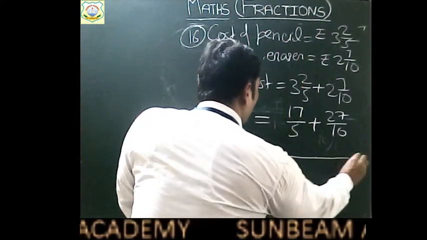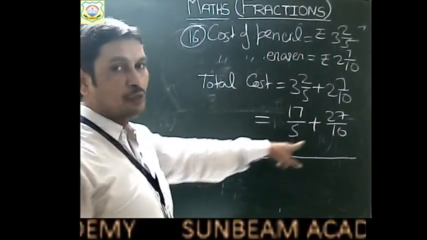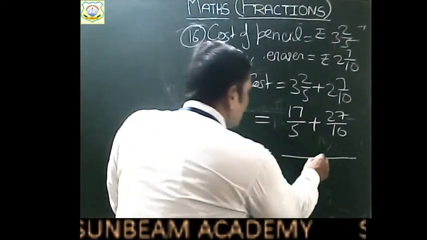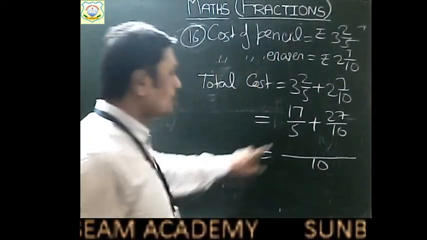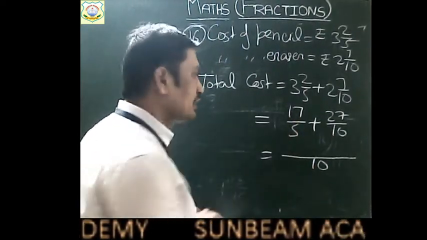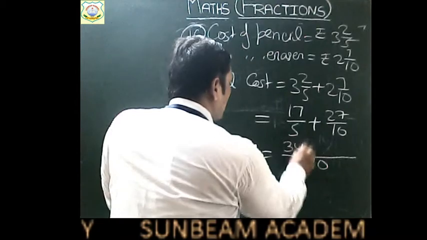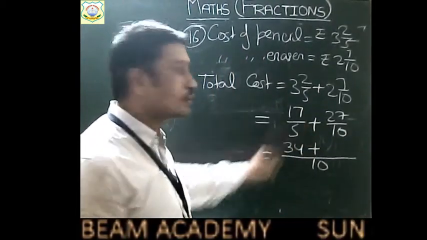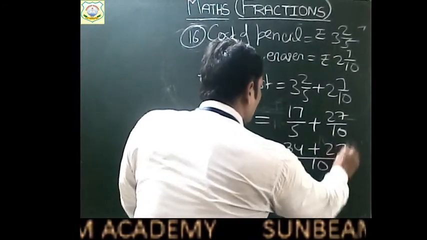Now children, find the LCM of 5 and 10. LCM of 5 and 10 is 10, right? So LCM will be 10. Now 5 twos are 10, 2 will come. 2 into 17 will give 34, plus 10 ones are 10, and 1 into 27 will give 27 only.